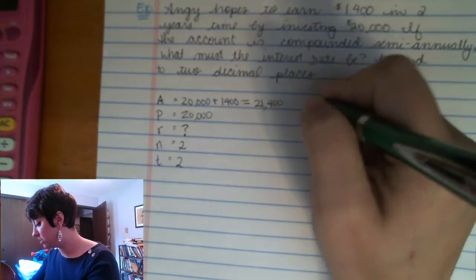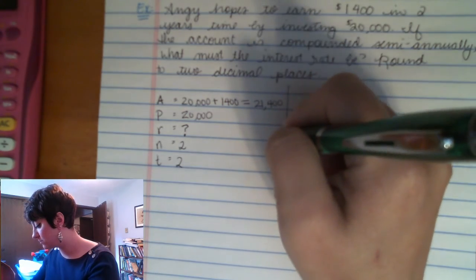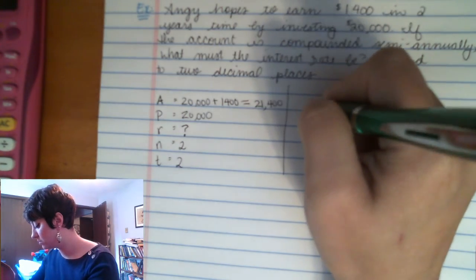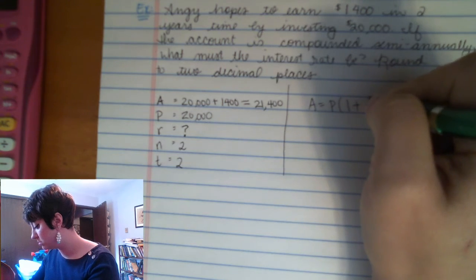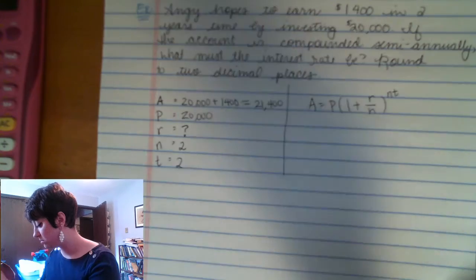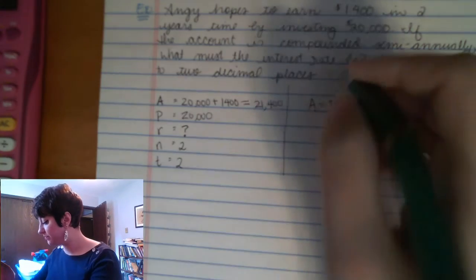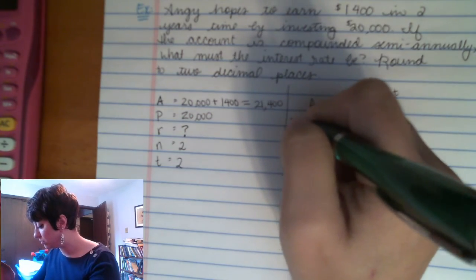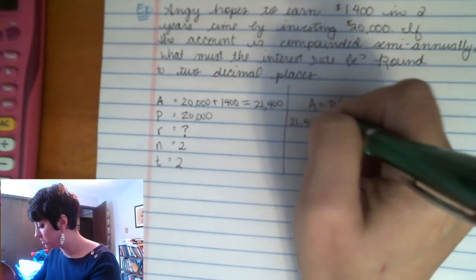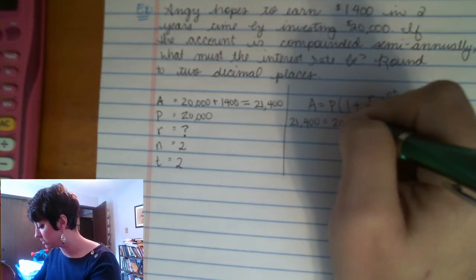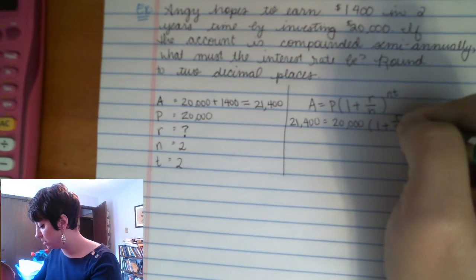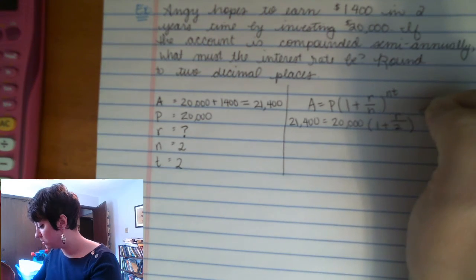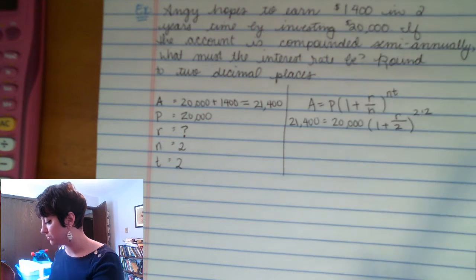So let's look at here's my formula. Okay. A is 21,400. P is 20,000. 1 plus R, which I don't know, over N, which is 2. Then the exponent is 2 times 2.